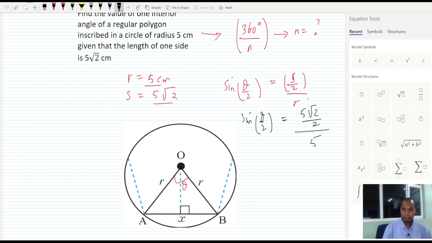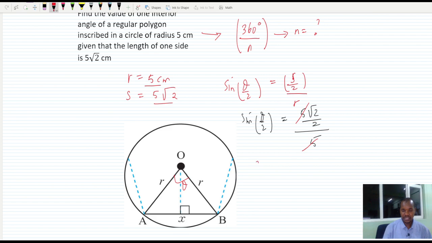So 5 and 5 cancel each other, so that sine theta over 2 equals square root of 2 over 2.